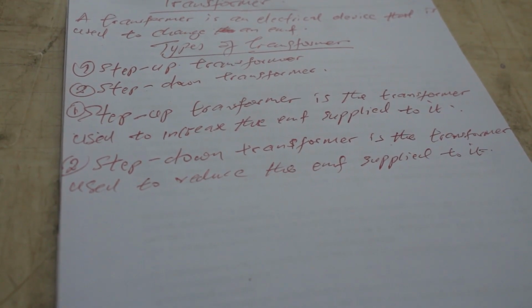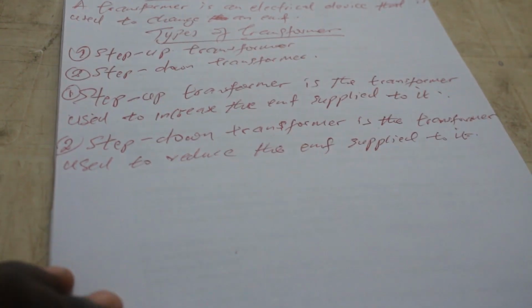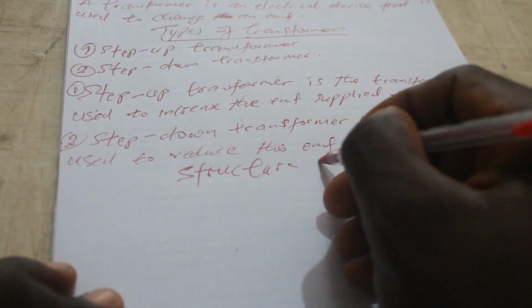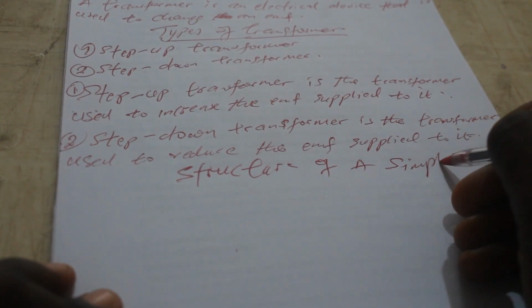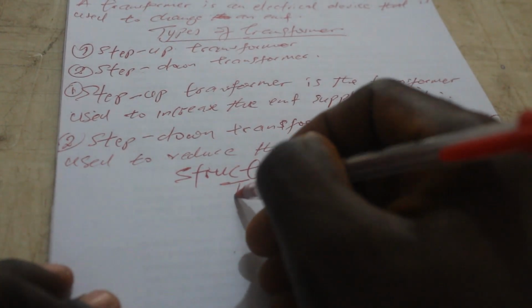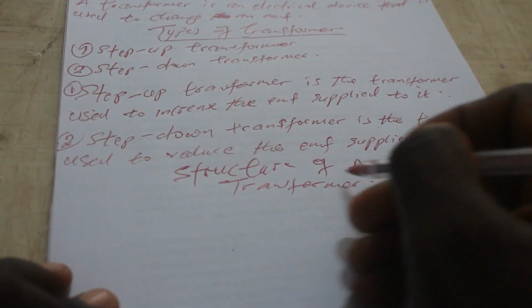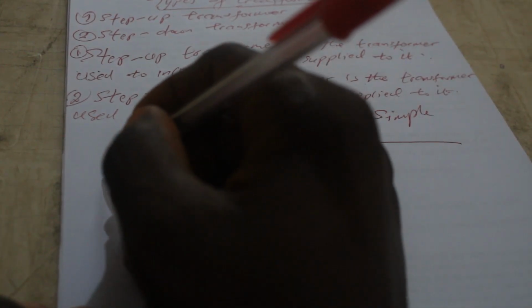Now, what is a transformer made of? What are the component parts of the transformer? Structure of a simple transformer.